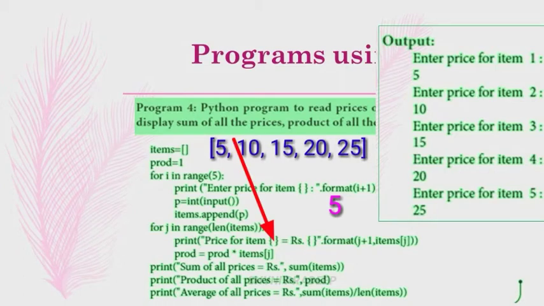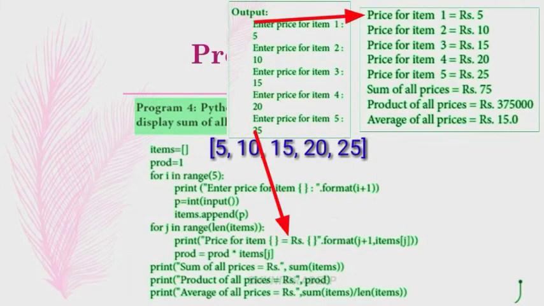Here j plus 1, j value is 0, 0 plus 1 is 1. So price for item 1 is equal to rupees. Here you have to write the price for item 1. What is the price? 5. So this curly brace is for 5, which means price of item 1.